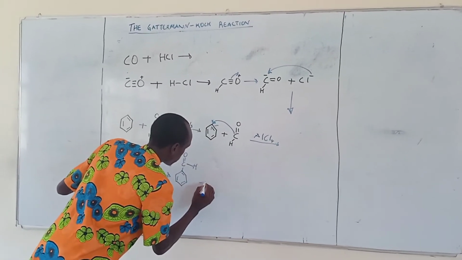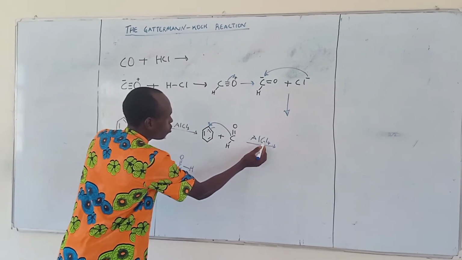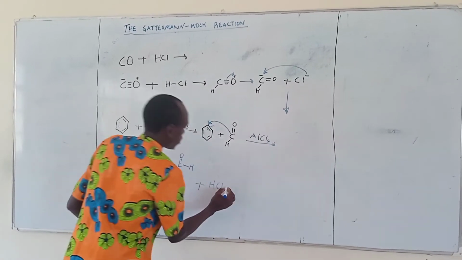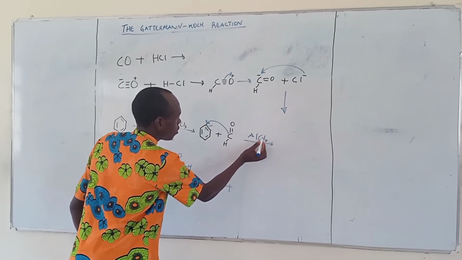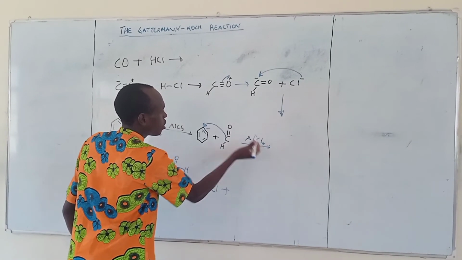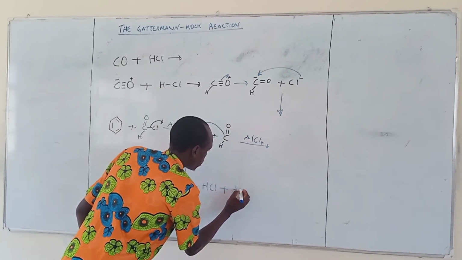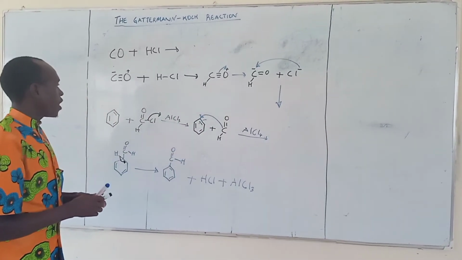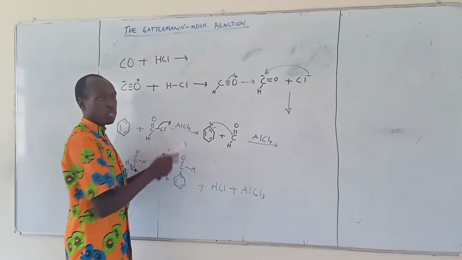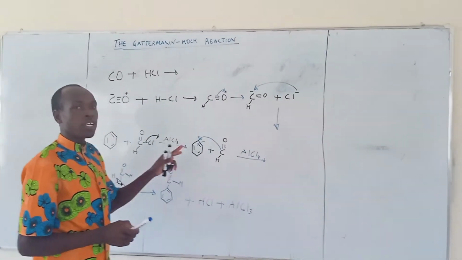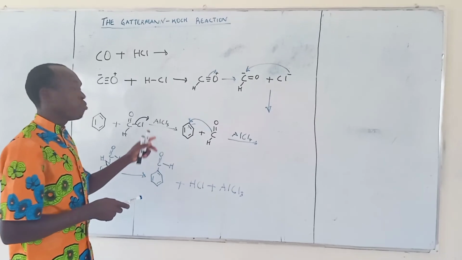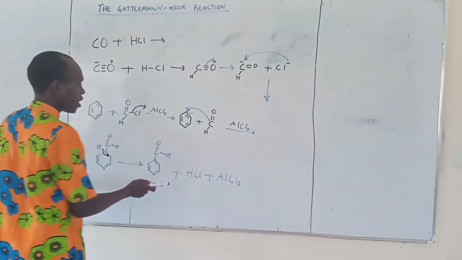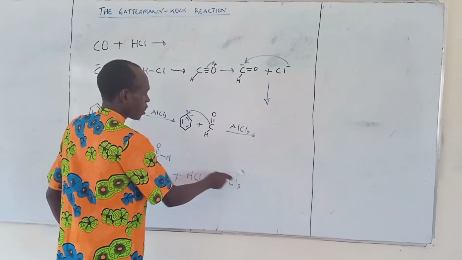So this hydrogen combines with one chlorine to form hydrochloric acid, plus at last the one chlorine gone shall then remain with 3 chlorine, so we shall have aluminium chloride. Now you realize that this Lewis acid was used as a catalyst, and at the end of the reaction you should be able to get the catalyst back. And here we have obtained our catalyst back.